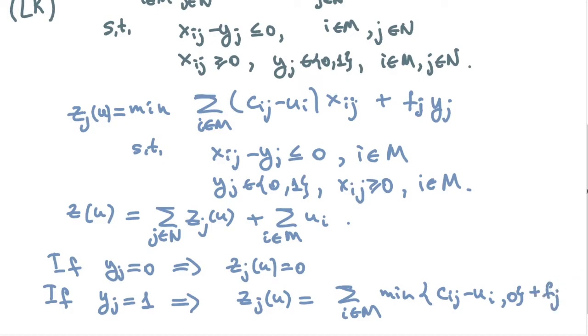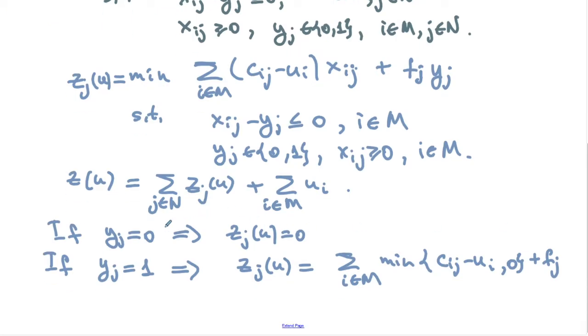Alright, so we have again these two possibilities. This is what we have when yj is equal to 0, and this is what we have when yj is equal to 1. And then clearly, to find the optimal solution to this subproblem, we need to pick the minimum of these two.